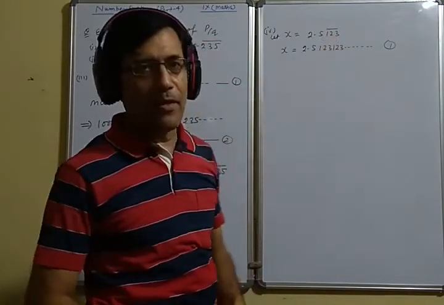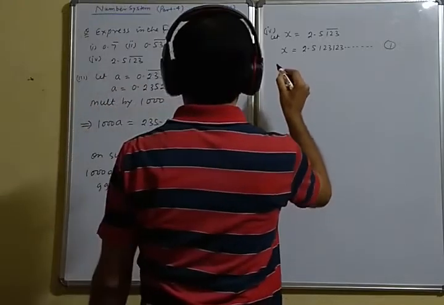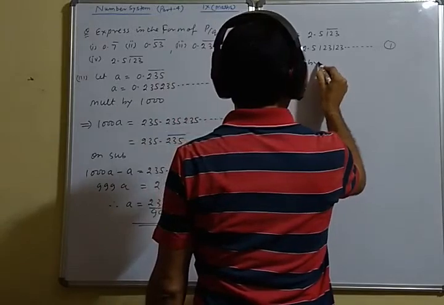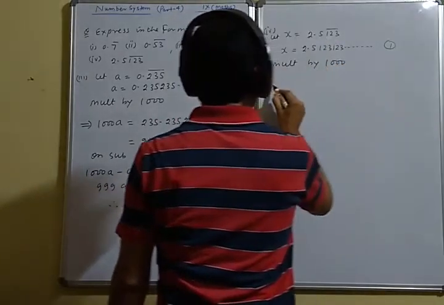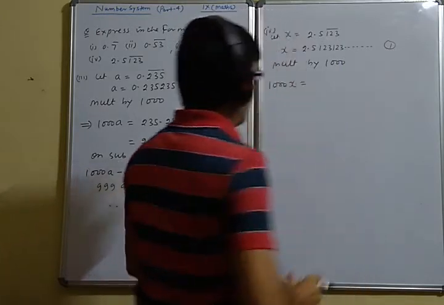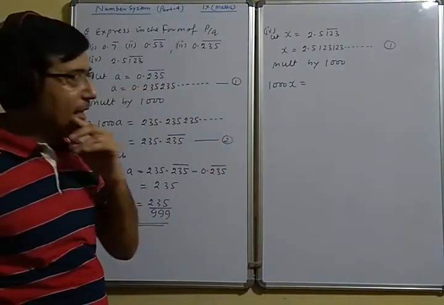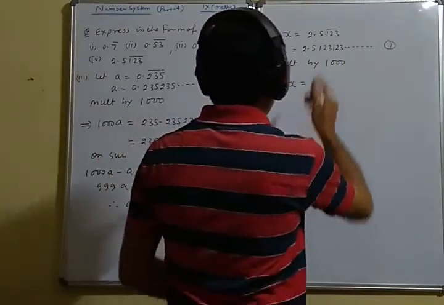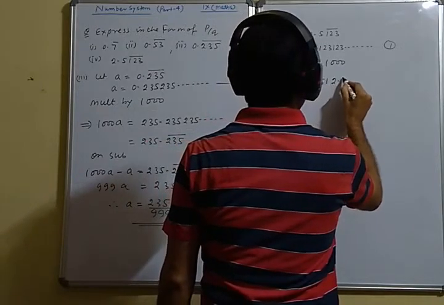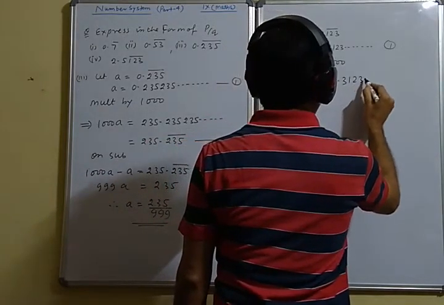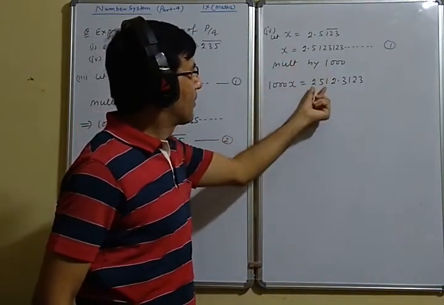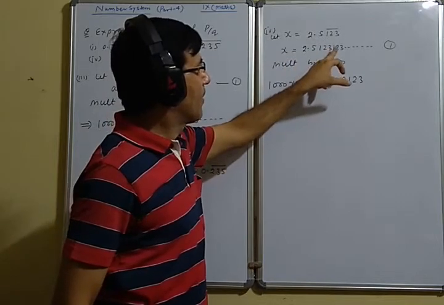So multiply equation 1 by 1000. It becomes 1000x is equal to, when we multiply it by 1000, 2512.3123. So 512, it becomes 2512.312.